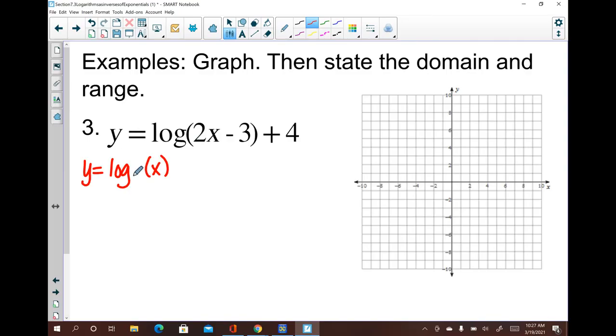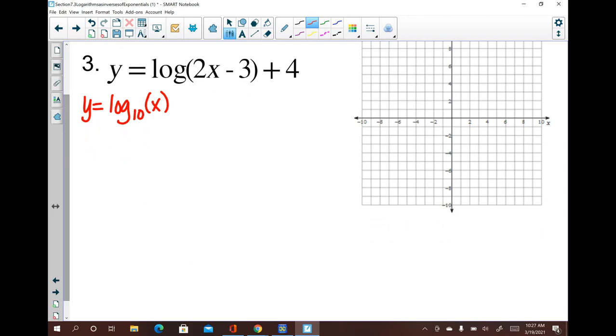So the common log has base 10, but we don't write it because it's common. So anytime you see log without a base, you have to assume base 10. So this is our parent, giving us the parent table 0, 1, 1, b, and the asymptote x equals 0.